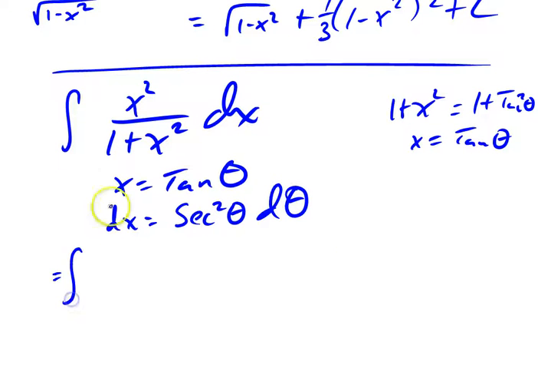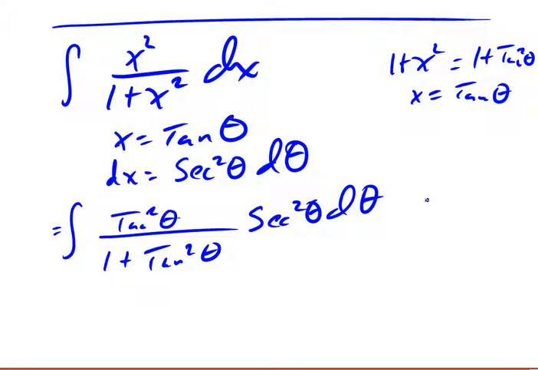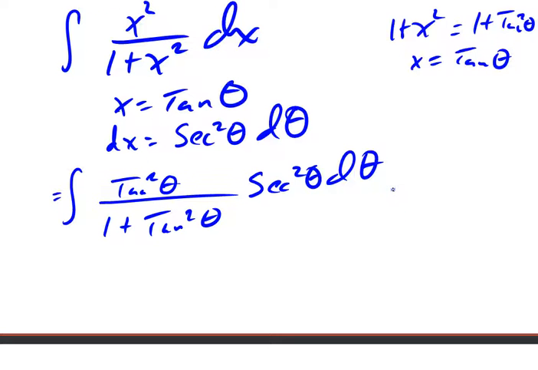Substituting in here now, the x in the numerator is tangent theta, so I've got a tangent squared theta on the top. I've got a 1 plus tangent squared theta on the bottom, and then the dx turns into a secant squared theta d theta. And again, I've picked my example appropriately for nice stuff to happen. There's a tangent squared theta on the top.